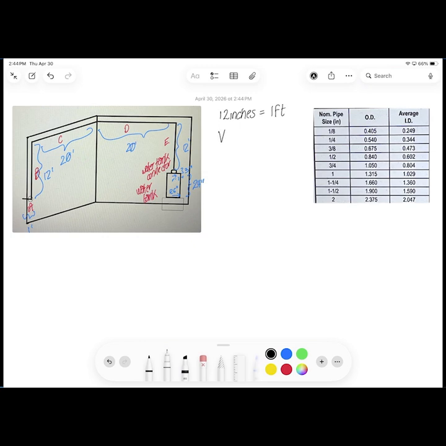And we know that the volume of a cylinder is equal to pi r squared times height. And we also know that the volume of a pipe is equal to pi r squared times the length, or pi d squared over 4 times the length, which is also pi inner diameter squared divided by 4 times the length.